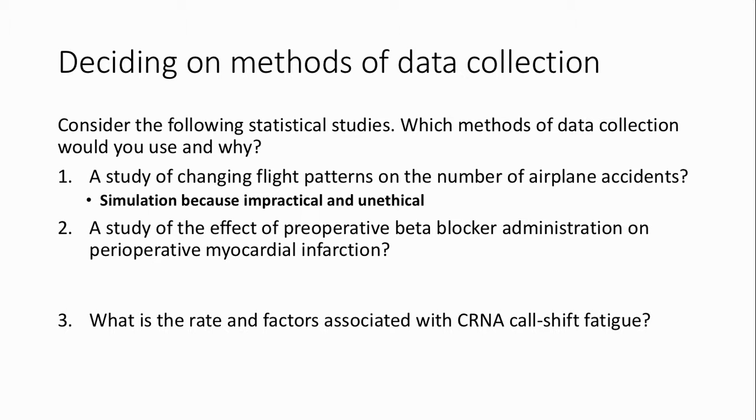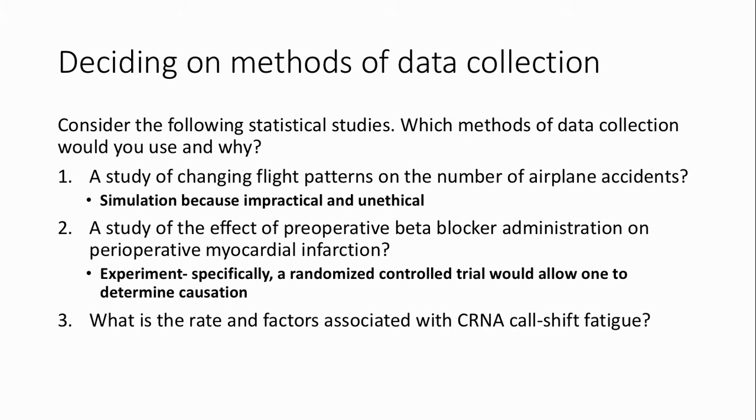All right, the first one, and I already gave you the answer, was a simulation because it would be impractical or unethical, certainly, to do that. Question number 2, what do you think the answer is? Well, an experiment would be the best way to study this because it would help determine causation and minimize any confounding variables that may impact the outcome.